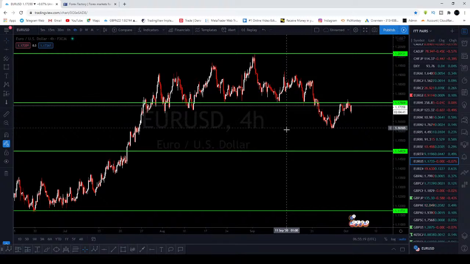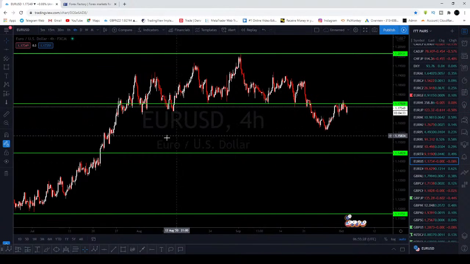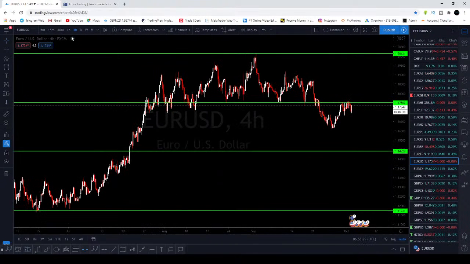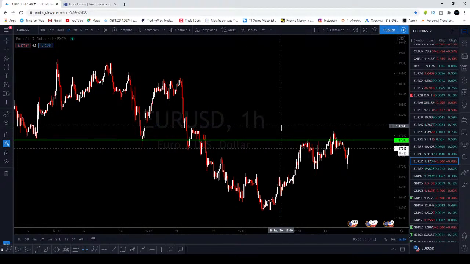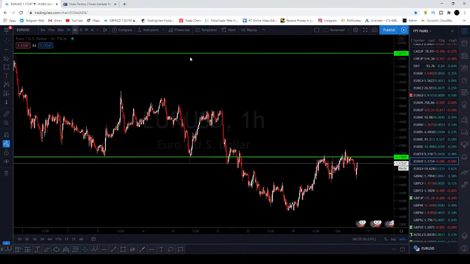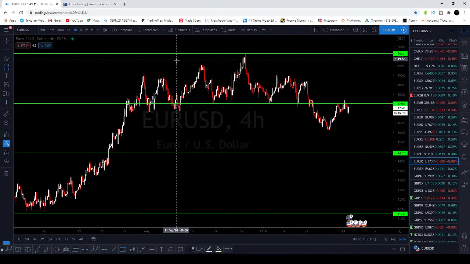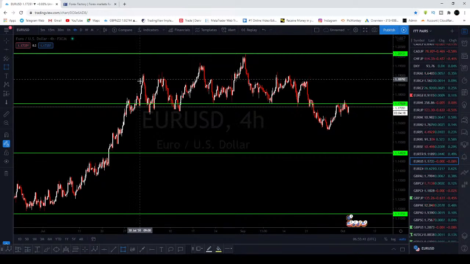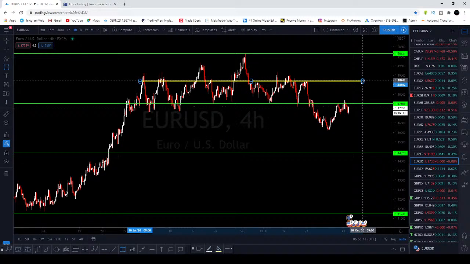Sorry, having a lot of things here. So this is the 4 hour time frame, and let me check the 1 hour before I decide on what to do. Okay, got it. So what you are supposed to be doing right here is checking out where the choppy market is and things like that.